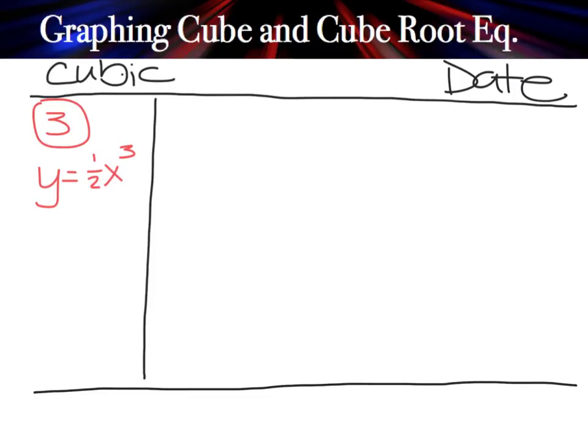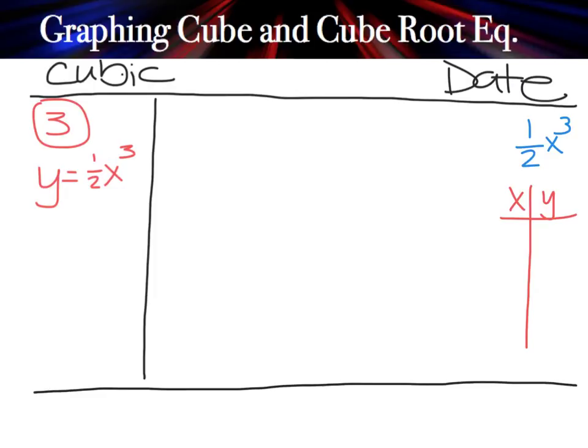Next, let's try 1/2 x cubed. Now, after the x cubed, I know I'm going to have to divide by 2 or multiply by 1/2. So I want numbers that are going to work well with that.